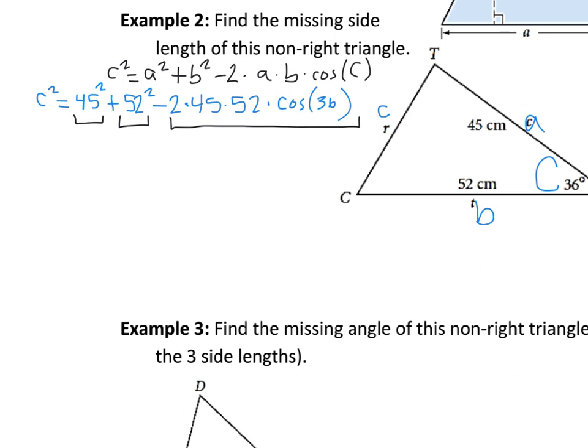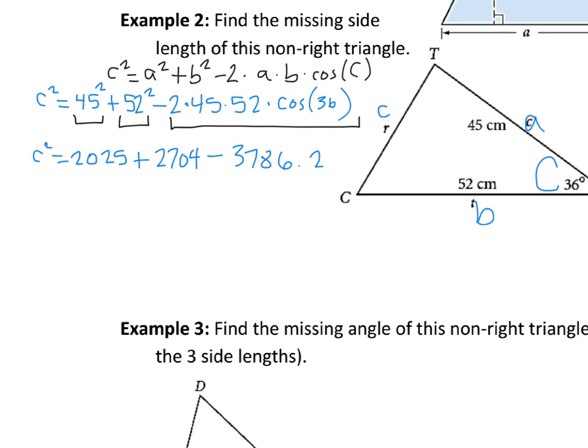So we go ahead and do that. c squared equals 45 times 45 is 2025. Plus 52 times 52 is 2,704. Minus 2 times 45 times 52 times the cosine of 36 is 3,786.0.2-ish.